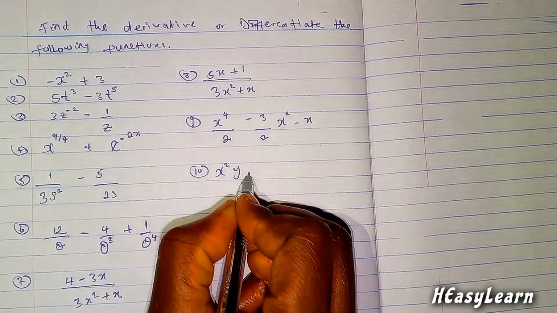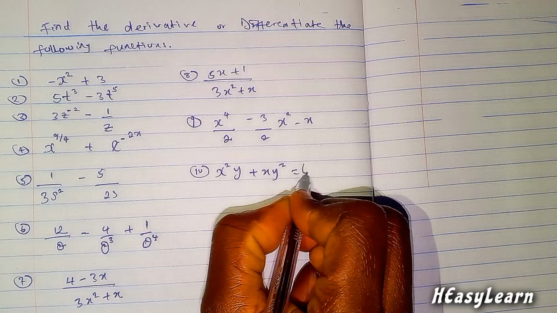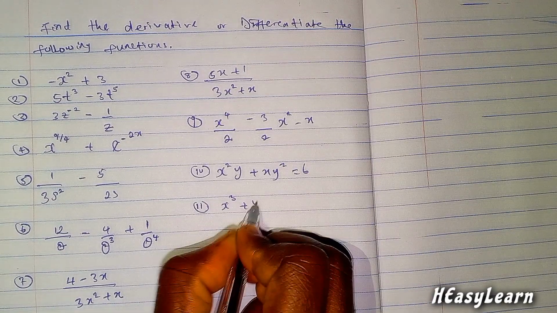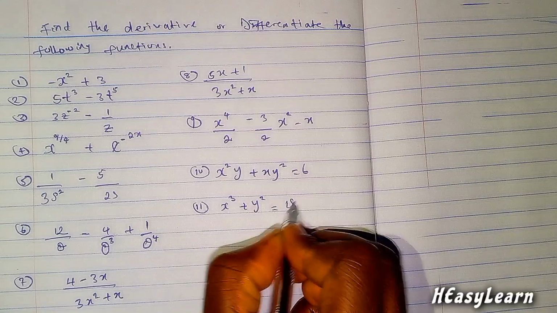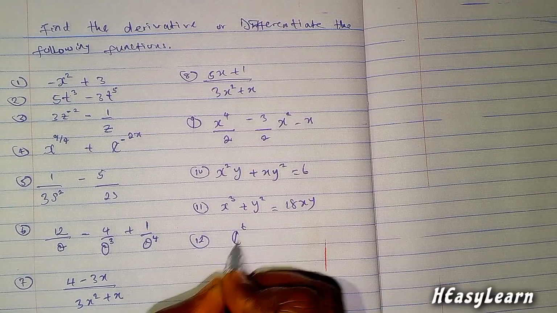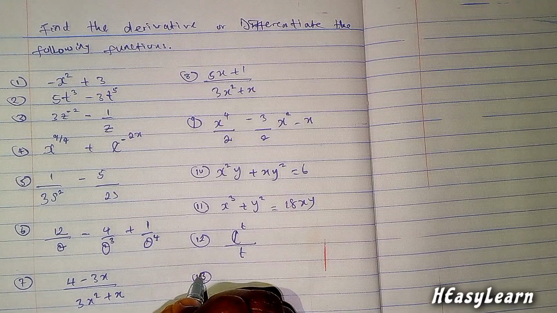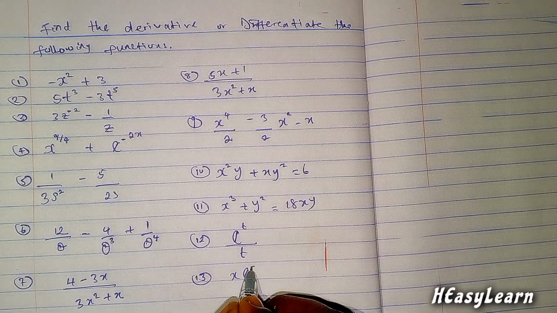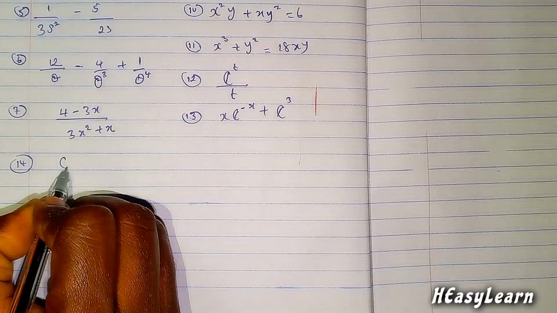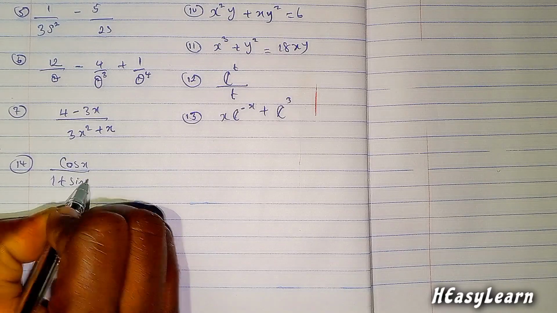x squared y plus xy squared equals 6. x cubed plus y squared equals 18xy. Exponential t divided by t. x exponential minus x plus exponential 3 cos x over 1 plus sin x.